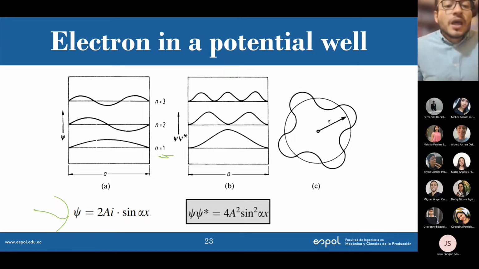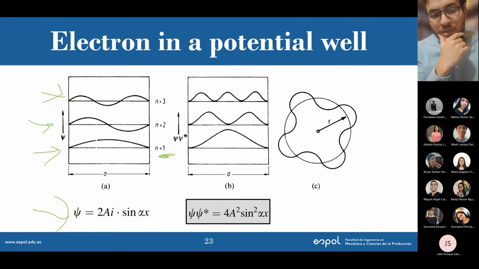If we plot this function for n equal to 1, we get this. Then for n equal 2, that's the next level of energy, remember? We get this, and for n equal 3, we get that. This is only in the A range.